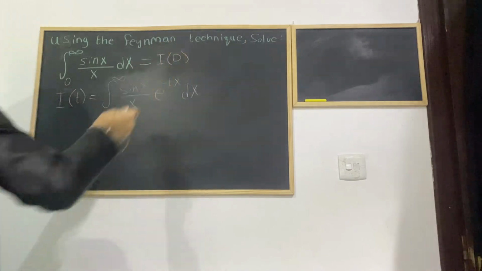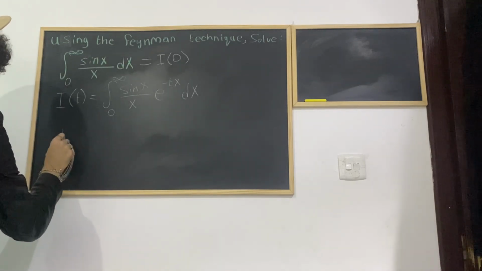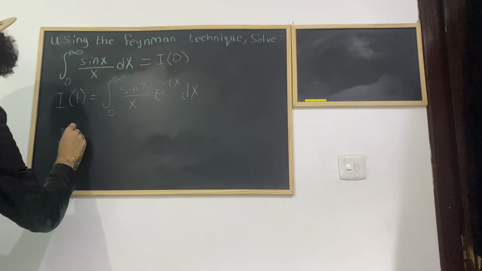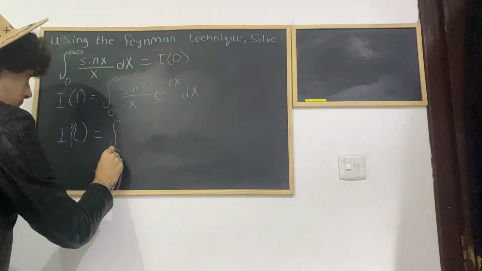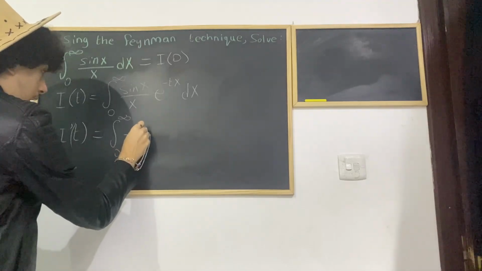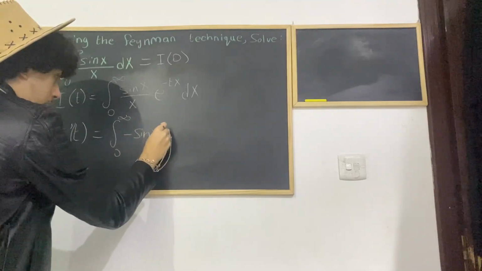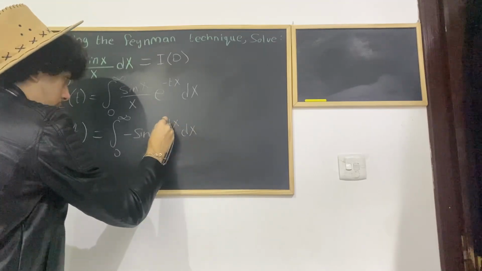Now remember, I already said that this will actually be important later on, and you probably know why. So if we differentiate both sides, we get that I dash t is equal to the integral from 0 to infinity of negative sine x multiplied by e to the power of negative tx dx.